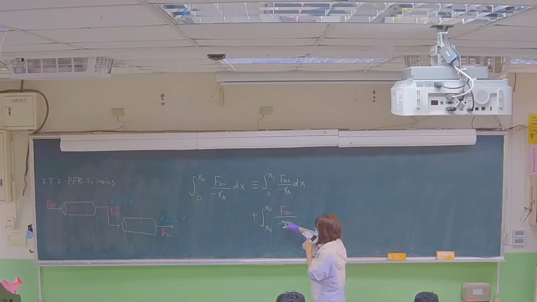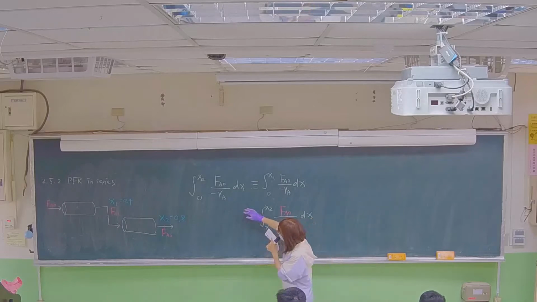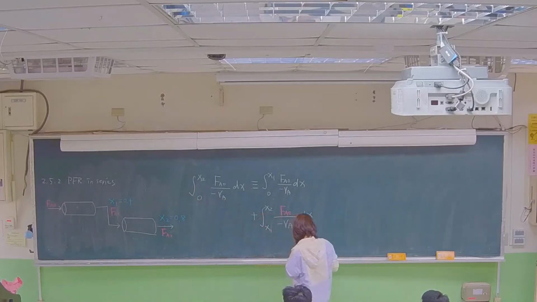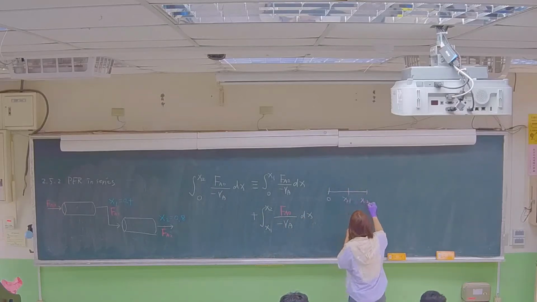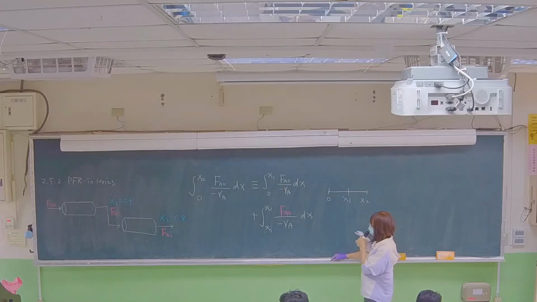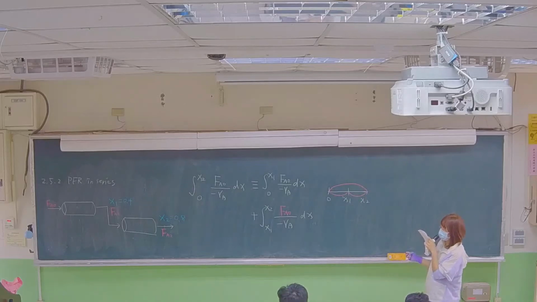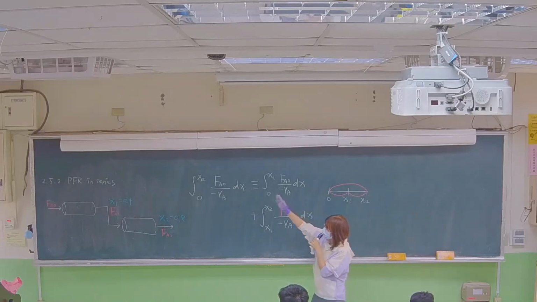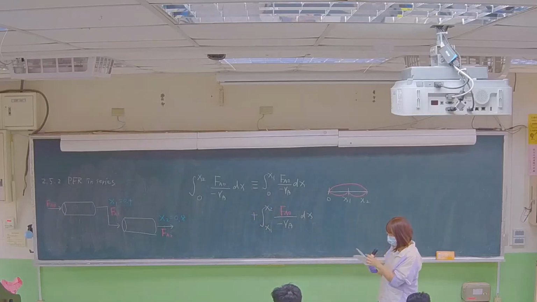Also, you can just check the mathematical formula. The range is from 0 to X2, so you can divide it into two sections, two intervals. You can do the integral over this range or do it twice. So the total can be separated into the first and the second reactors.